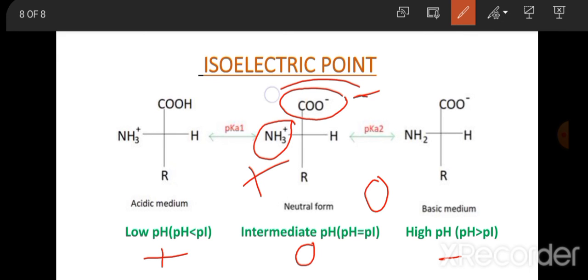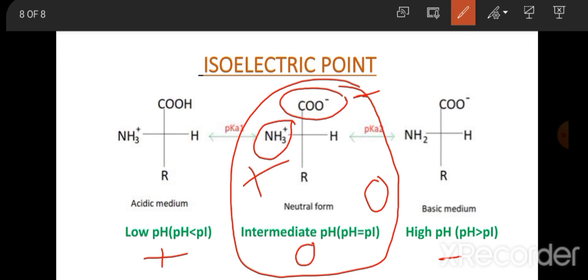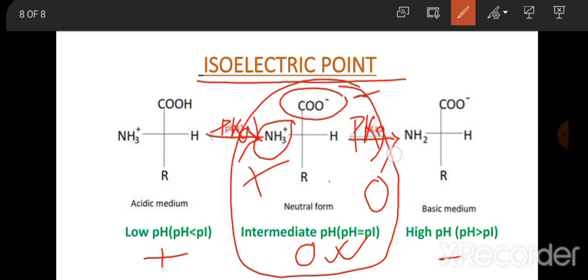This portion, when net charge is 0, is called the isoelectric point. From acidic medium to the isoelectric point is called pK1, and from the isoelectric point to basic medium is pK2. pK1, pK2.